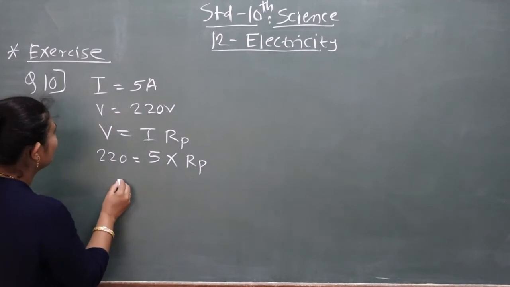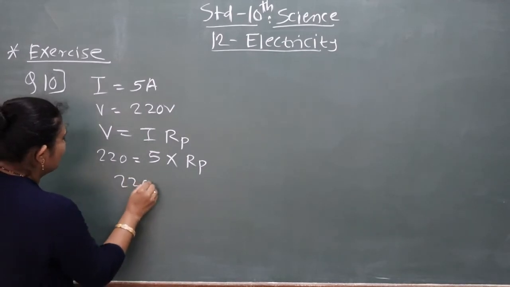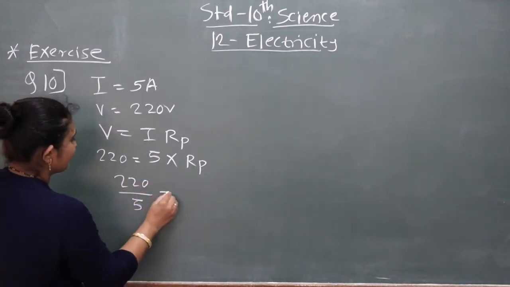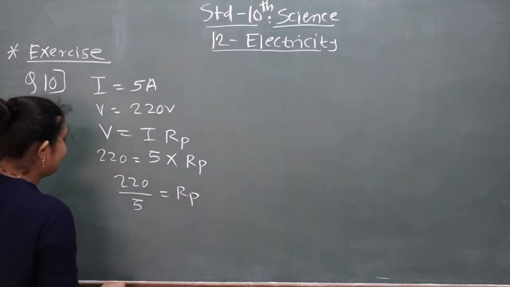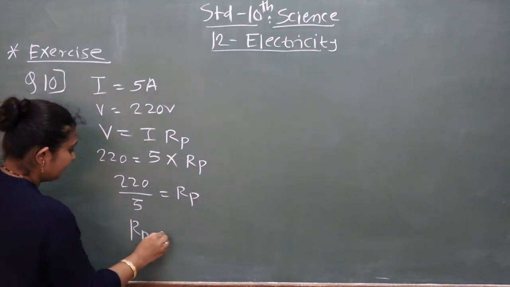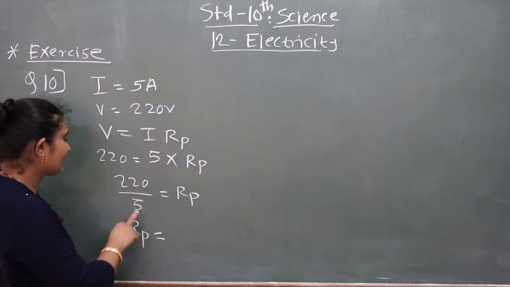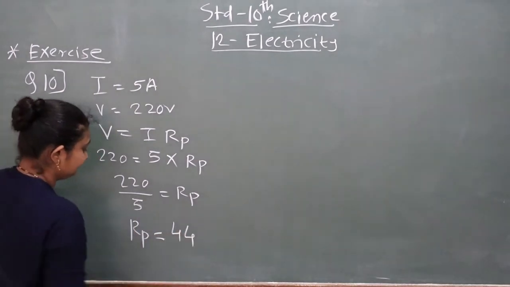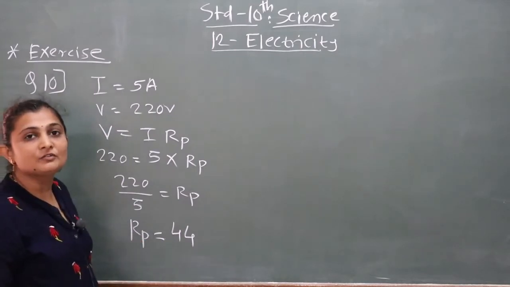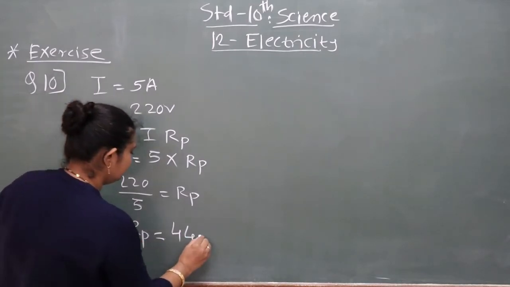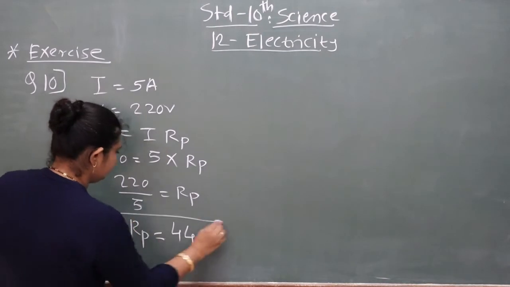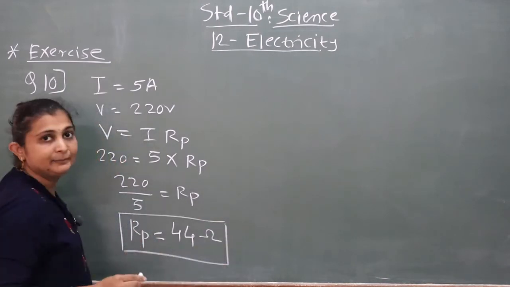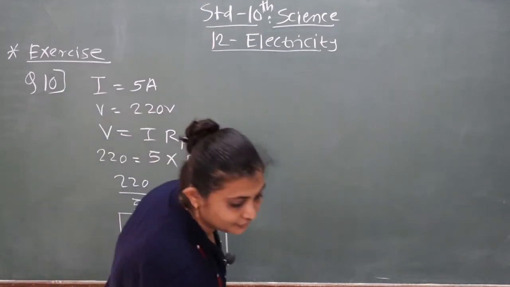Then 220 upon 5 is equal to Rp. Rp is equal to 44 ohm.